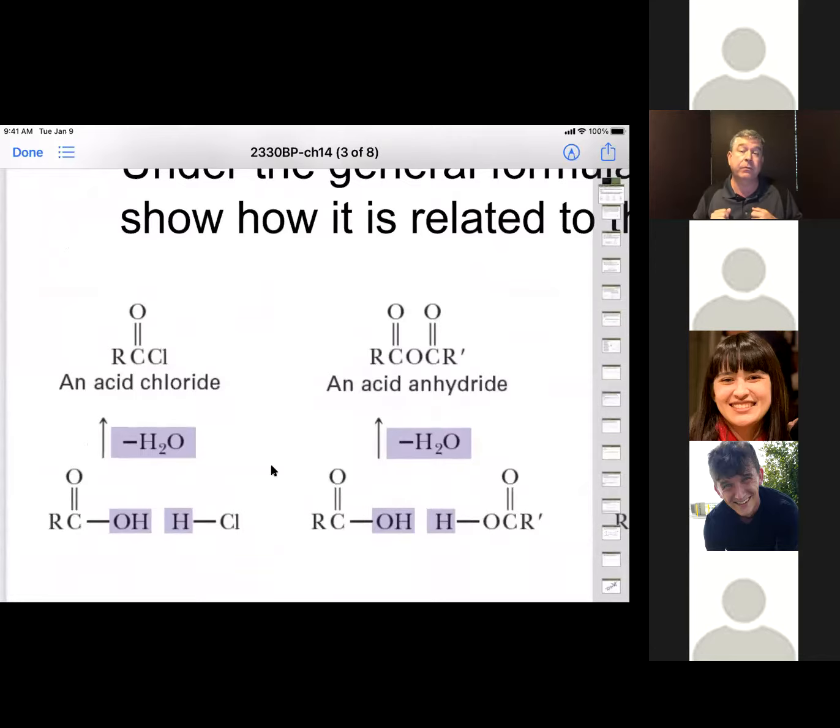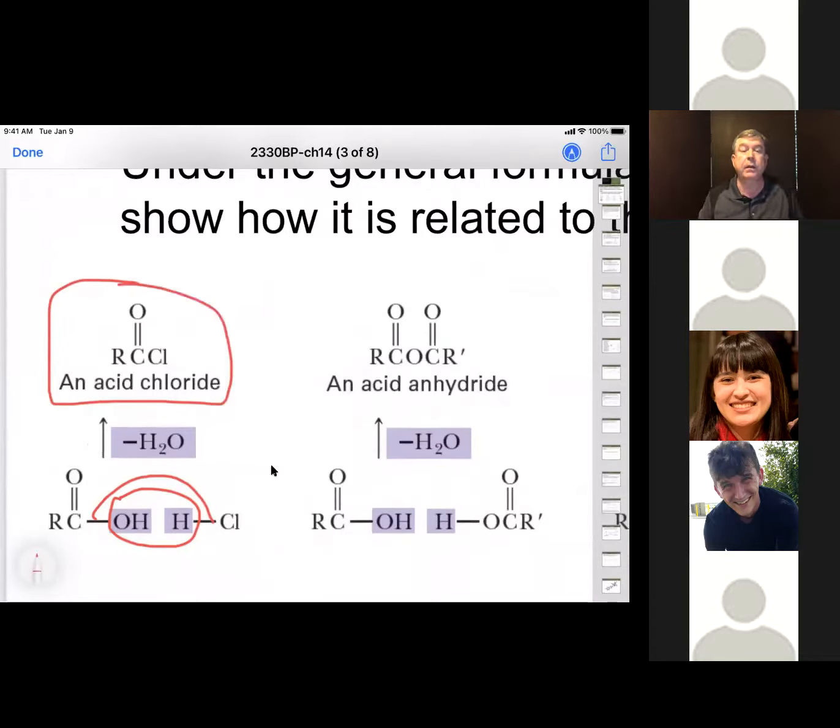We talked about that before in the last chapter. However, if we think about using the carboxylic acid and using a strong acid like HCl, and we remove this water portion in the middle, creating the bond from here to here, that's creating our acid chloride. Okay, so it's a metaphorical removing of water. We don't actually make it this way.